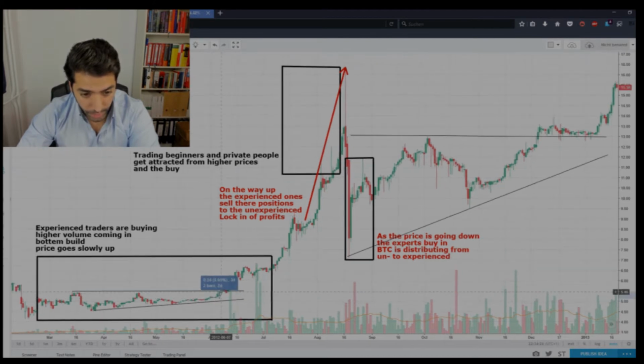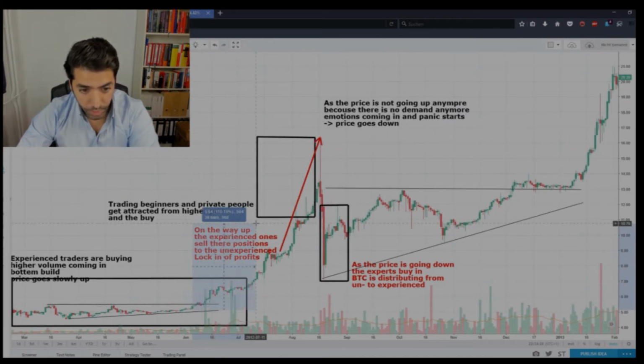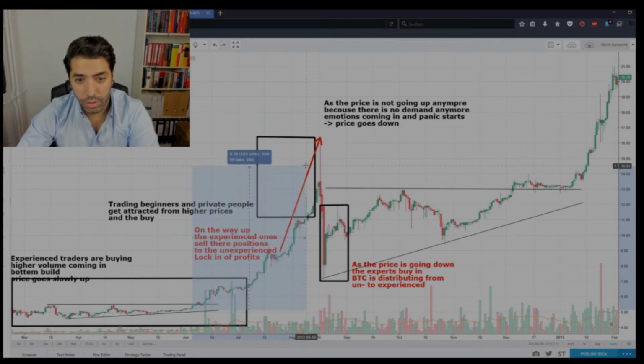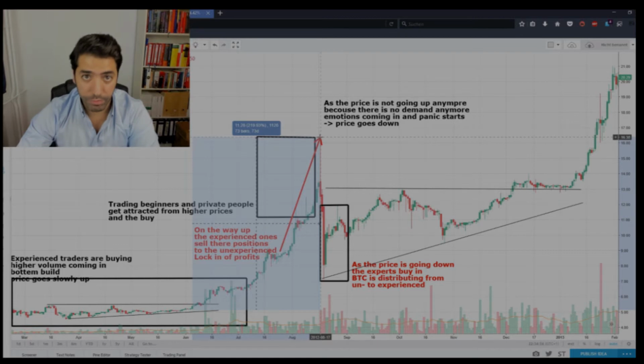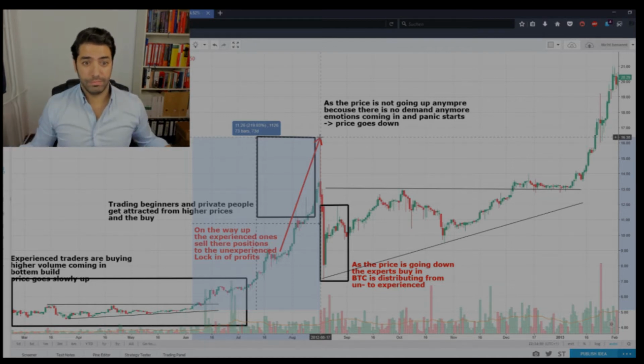Okay, here, and we look at how much the potential gains could be for the experienced ones. You see around 219% gains within 73 days, around 2 months. So the potential gain that they could make is 290%.